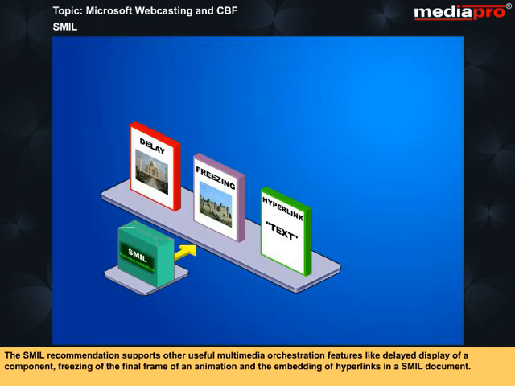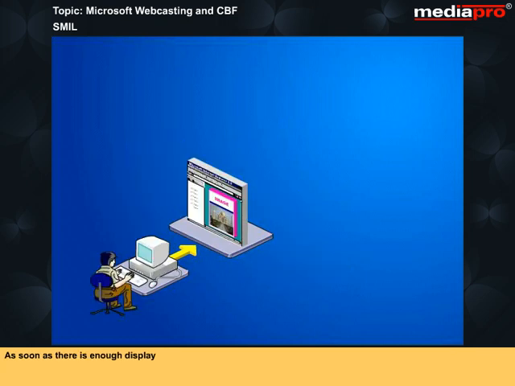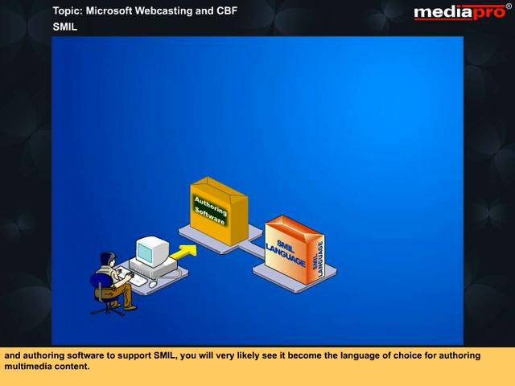The SMIL recommendation supports other useful multimedia orchestration features like delayed display of a component, freezing of the final frame of an animation, and the embedding of hyperlinks in a SMIL document. As soon as there is enough display and authoring software to support SMIL, you will very likely see it become the language of choice for authoring multimedia content.